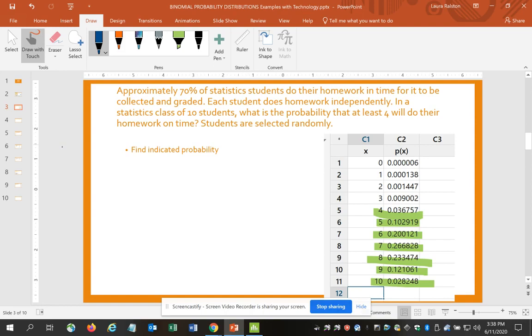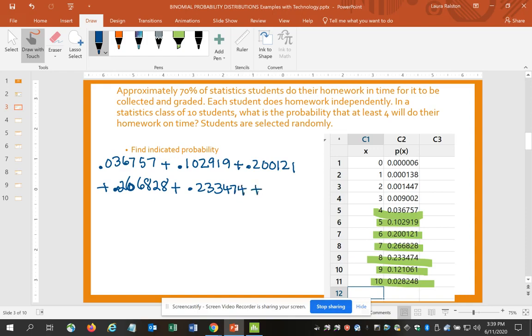We're going to add together 0.036757 plus 0.102919 plus 0.200121 plus 0.266828, get that decimal point in there, plus 0.233474 plus 0.121061 plus 0.028248.